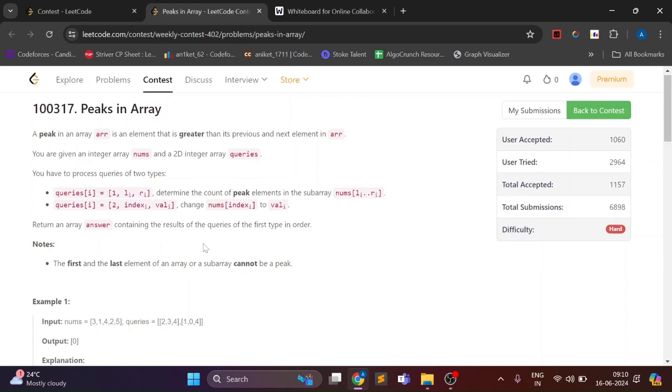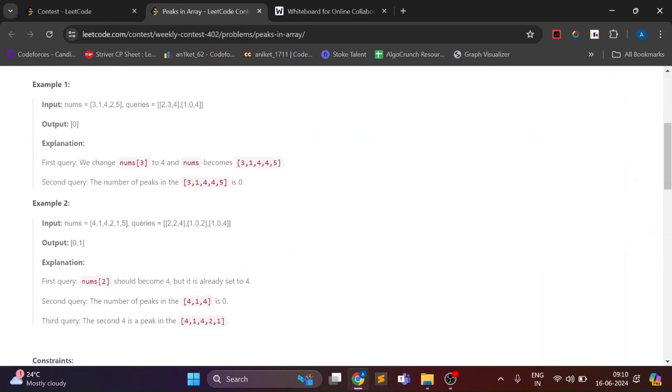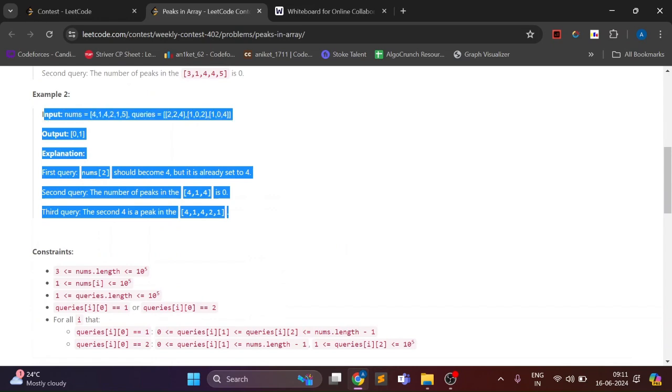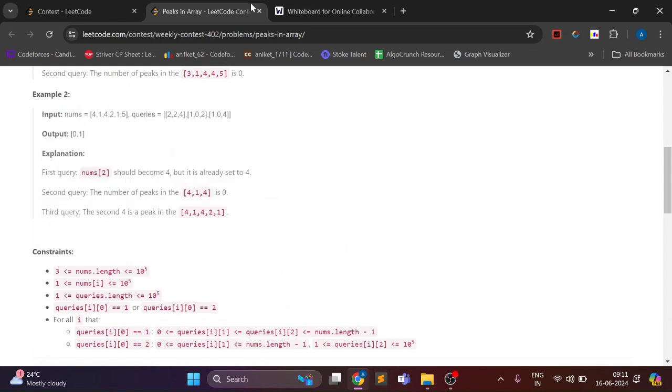Greater here means strictly greater, equal will not work. So the answer for this query is 0. The final output is a vector of size 1, and the element present at that index is 0. Similarly, you can read this if you still don't have an idea.